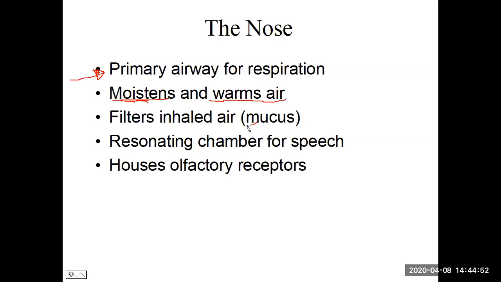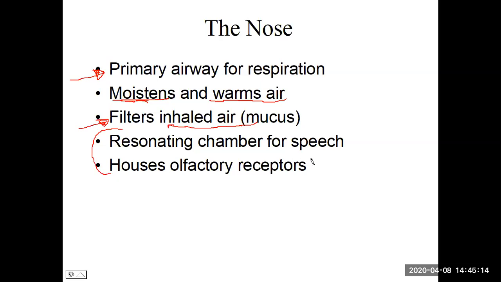Again, the mucus production in our nasal cavity, as well as the hair that develops in the nasal cavity, both of those help to collect any material and filter out any particulate matter. And these final two traits relate just to the nasal cavity itself.